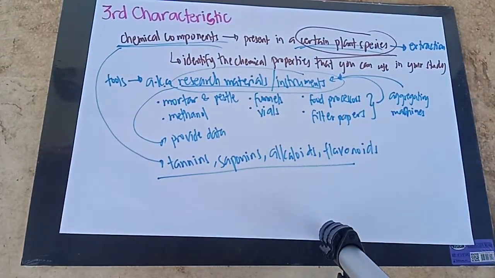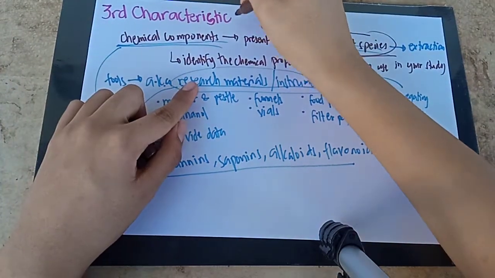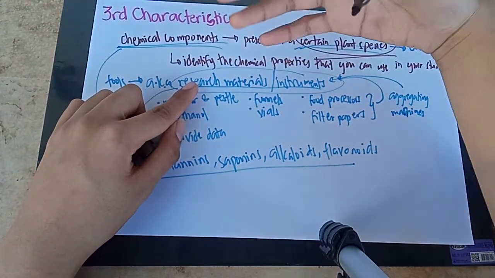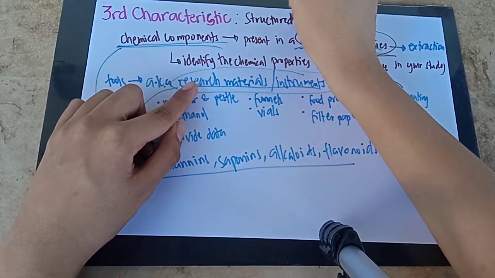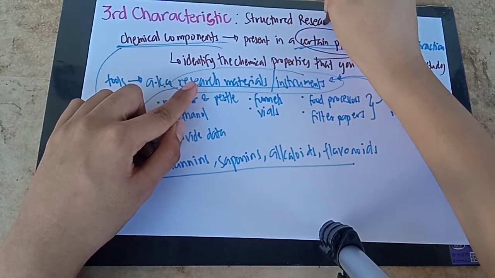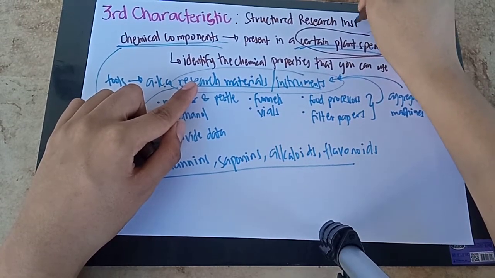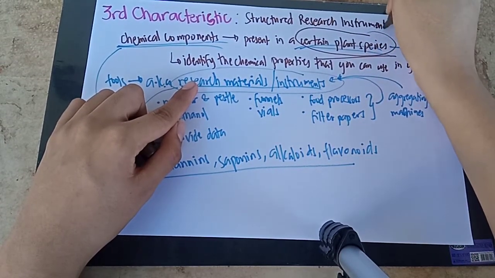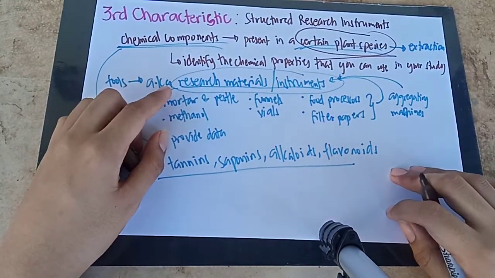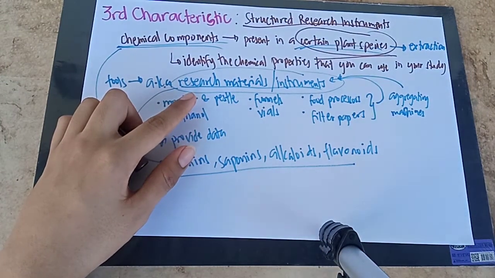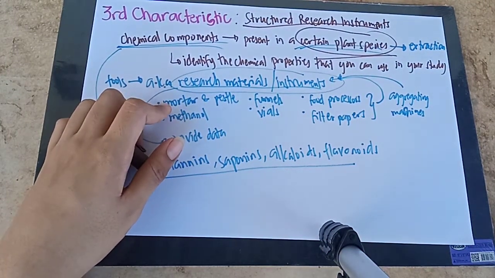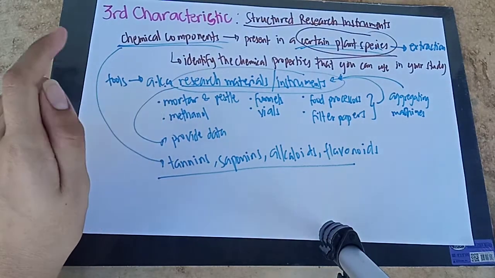So the third characteristic of quantitative research is that data are normally gathered through the use of structured research instruments.